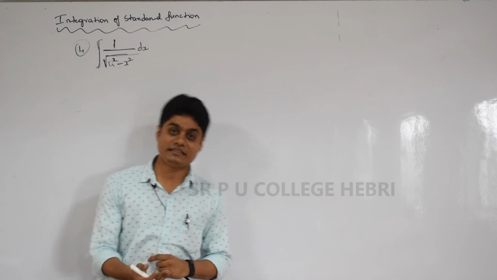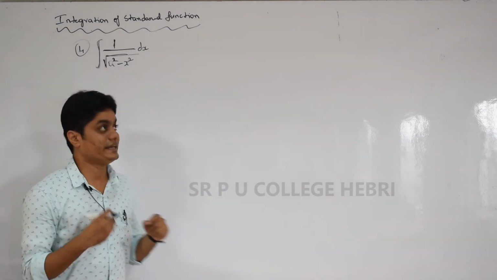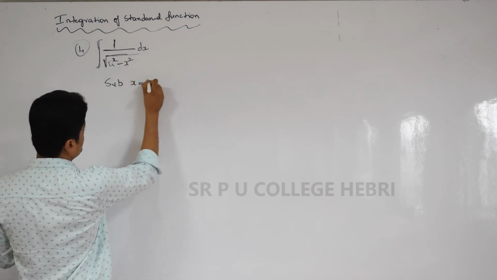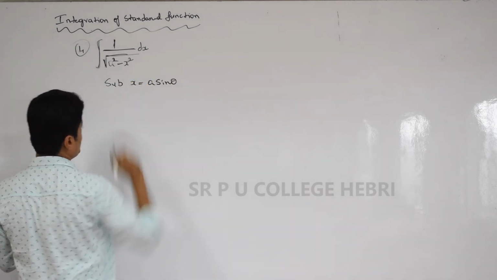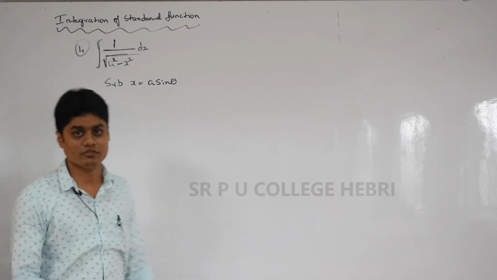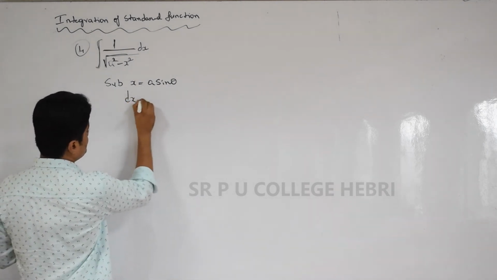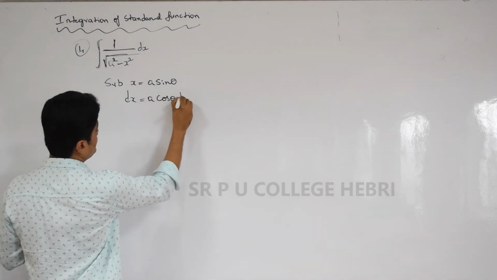For x square minus a square, substitution doesn't work. So if a square minus x square comes, substitution: substitute x is equal to a sin theta or x equal to a cos theta. You will see this work in inverse trigonometry. So substitute x equal to a sin theta. So what is dx? a into cos theta d theta.